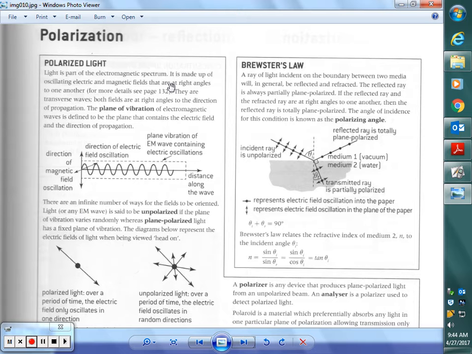So, one physical representation that we use is the idea of a picket fence. If you have a fence that has openings that are vertical, it will only let waves that are vibrating in the vertical dimension go through. And that is what we refer to as a polarizer, a material that only allows waves with a certain orientation to pass through it.